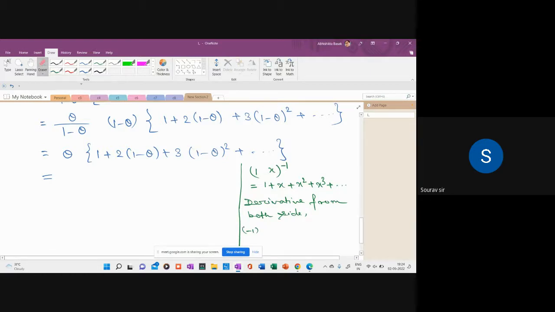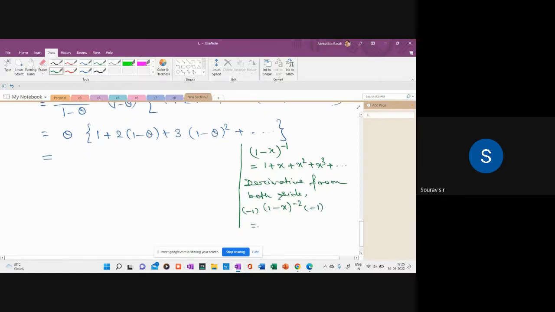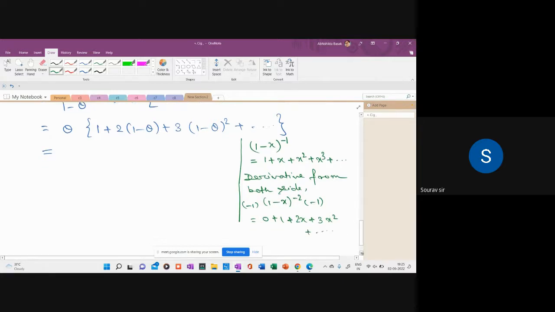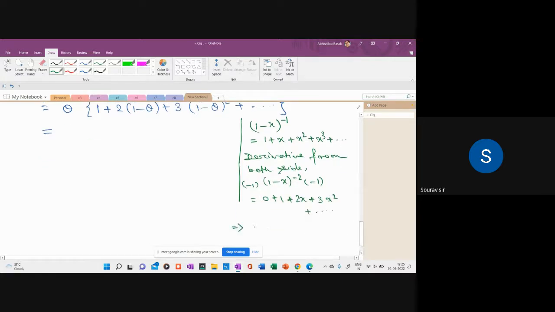This is going to be minus 1 into (1 minus x) to the power minus 2, again there will be a minus 1. That is going to be equal to 0 plus 1 plus twice x plus 3x square plus dot dot dot, and ultimately the finalized thing will be (1 minus x) to the power minus 2 is equal to 1 plus 2x plus 3x square plus dot dot dot.